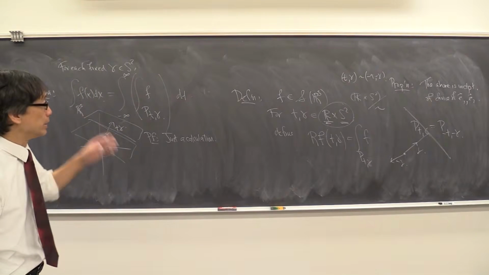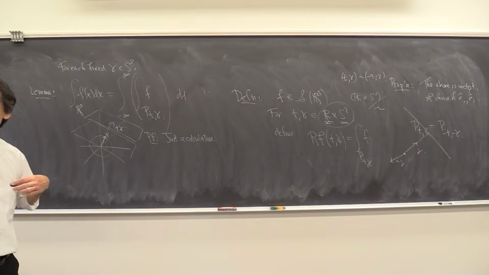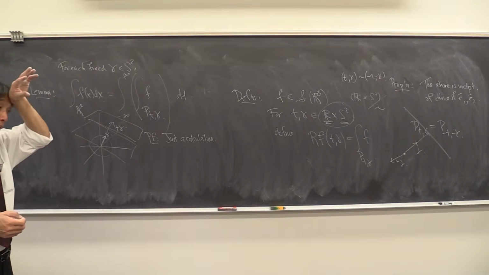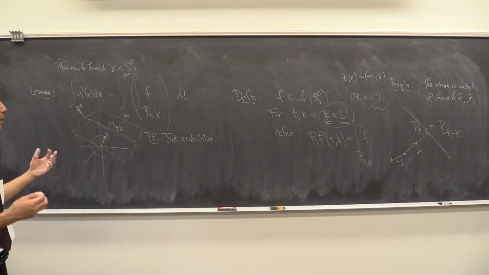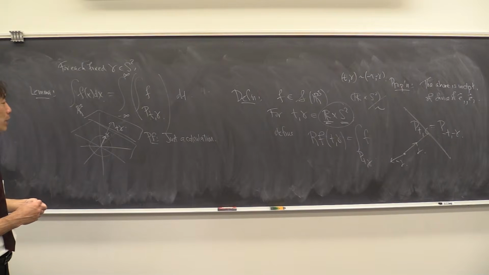Okay, that's it for today. Next time there's an exam, but the time after that we'll talk about how to invert the Radon transform. How do we get back to the original function from the Radon transform?